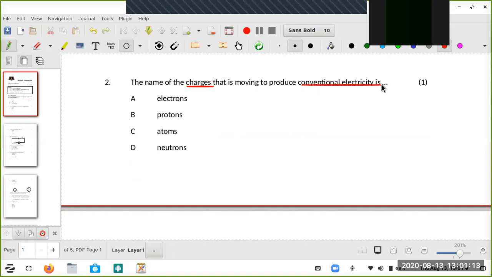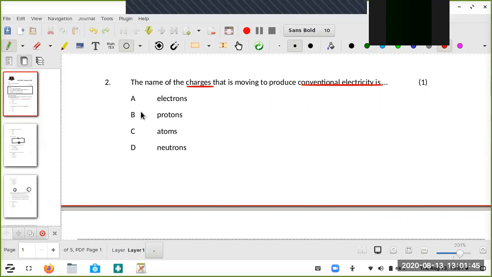Conventional electricity is electricity produced by charges which are flowing, and these charges are positive. So if you check the answers here, electron, no, electron is not a positive charge. Proton, yes, this is the positive charge in an atom. So if positive charges are moving, they produce conventional electricity.